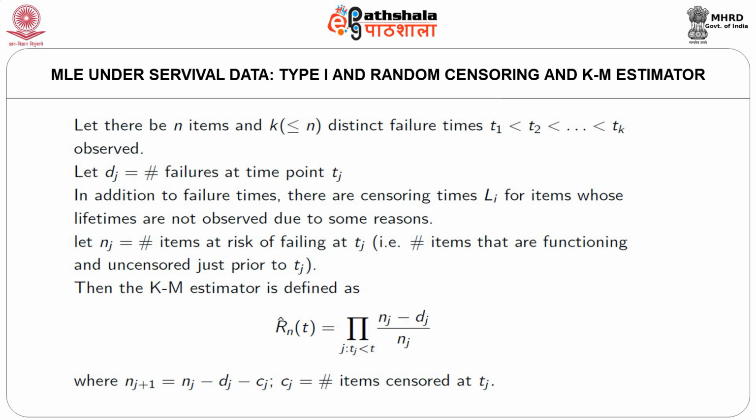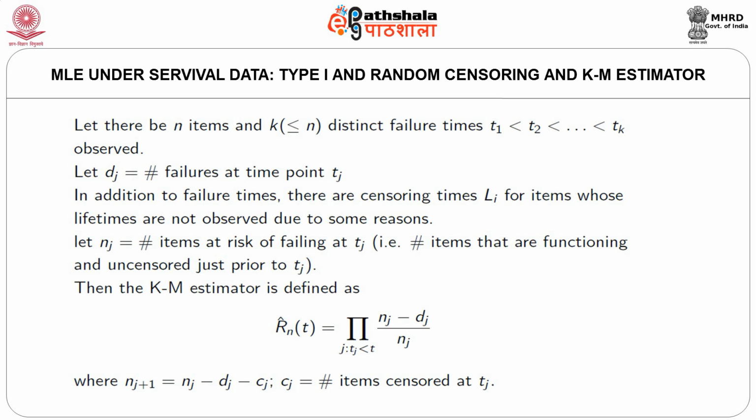Suppose there are n items and there are k less than or equal to n distinct failure times, say t1 less than t2 less than ... less than tk observed. Let dj equal the number of failures at the time tj.